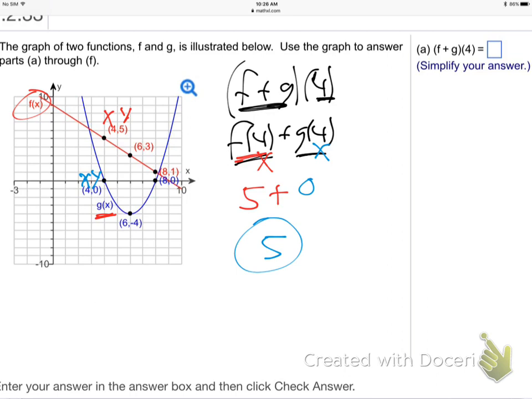You see how I read those off the graph? So again, remember, with function notation and graphs, what's inside is x, the answer that comes out is y. So on the red graph, the f graph, find the x value 4, grab the y value. On the blue graph, the g graph, find the x value 4, grab the y value that goes with it, 0. Is that good? And then they ask you a bunch of other questions just like that. Just reading the graph.